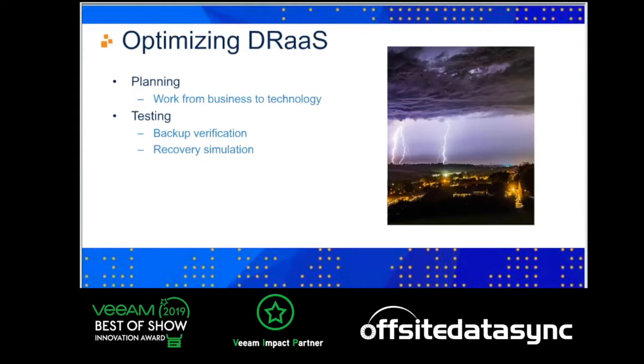So if you're going to do a true simulation of recovery, you'd have to recover the Exchange boxes and Active Directory, make sure they work, and probably at least have a client, whether it's a full-blown Outlook client or someone using web access or whatever the case is, and test that it actually works. That's a recovery simulation. It'd be everything in between those two, from a single system to a more complex workload. But that is another way to do optimization.